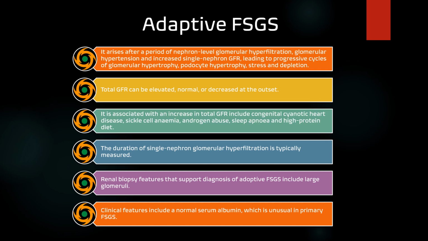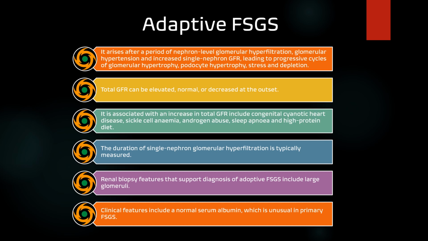Adaptive FSGS is also associated with an increased total GFR, including where, for example, there can be congenital cyanotic heart disease involvement. There can be sickle cell anemia that disguises the symptoms of FSGS.